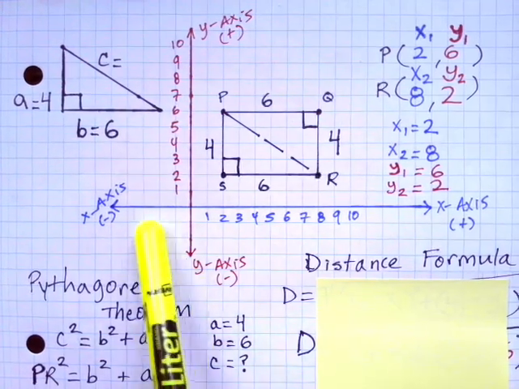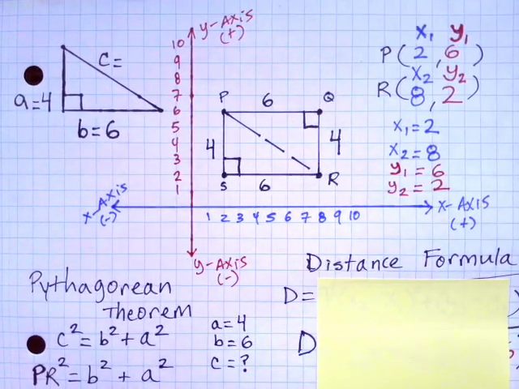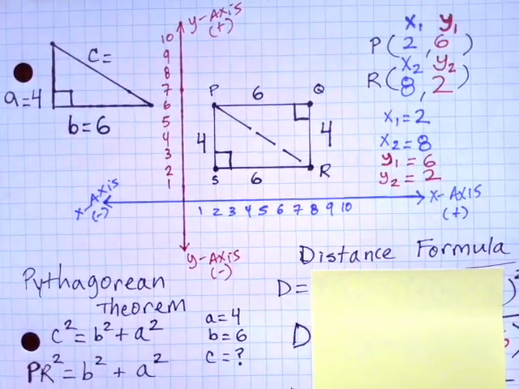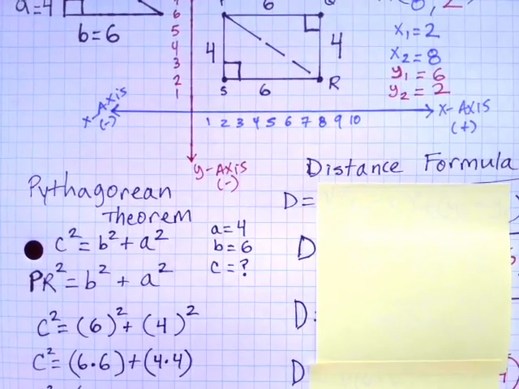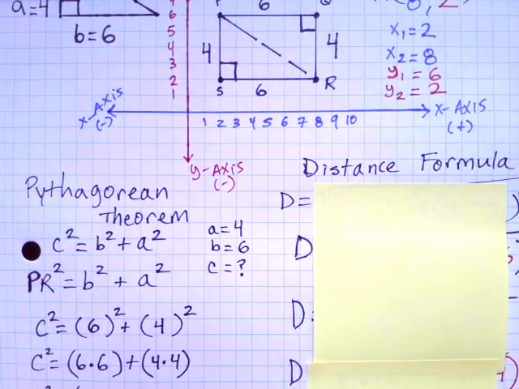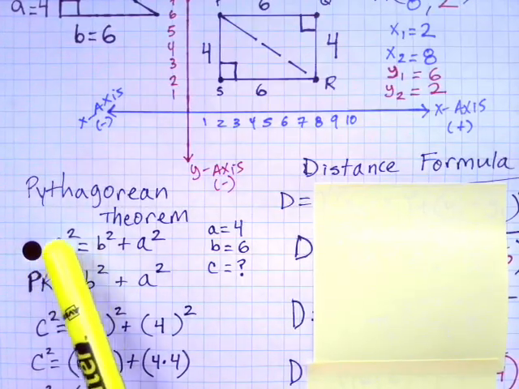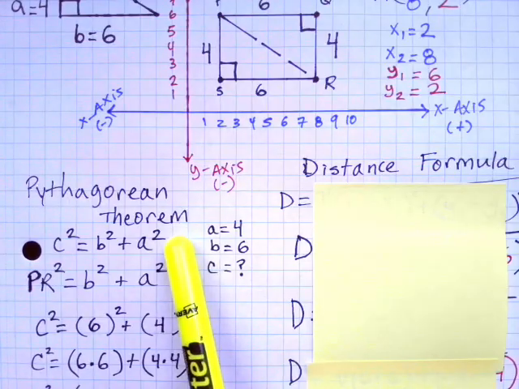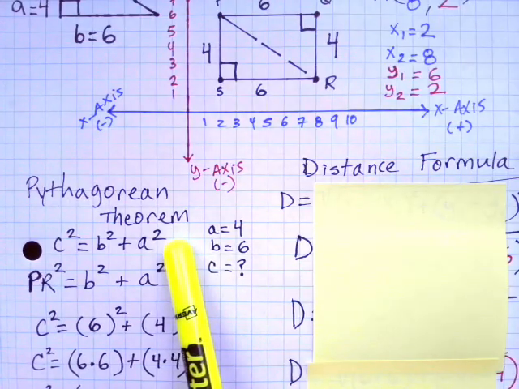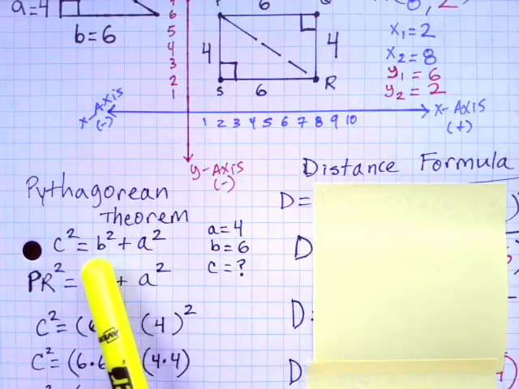So I'm going to use the Pythagorean theorem down here, in this particular triangle, to fill in the missing values. I'm going to take it step by step. I don't want to confuse anybody, so stick with me. The formula c squared equals b squared plus a squared can also be written a squared plus b squared equals c squared.